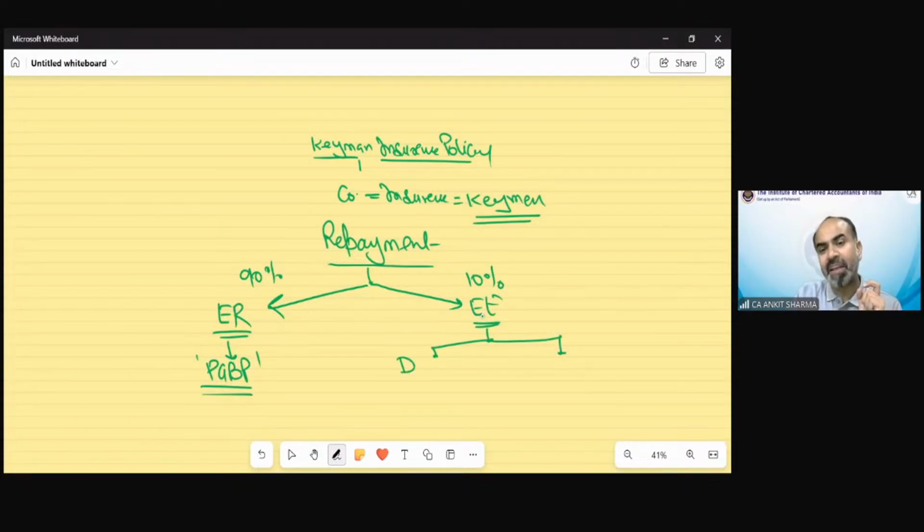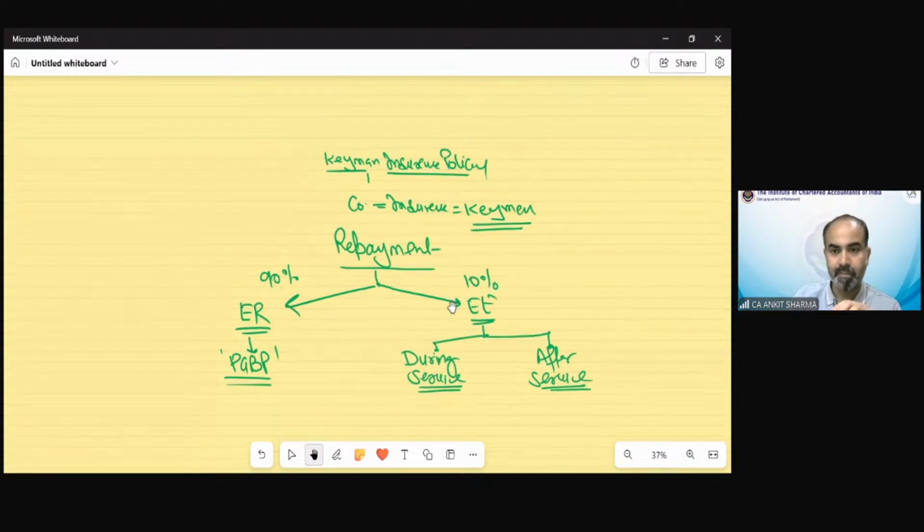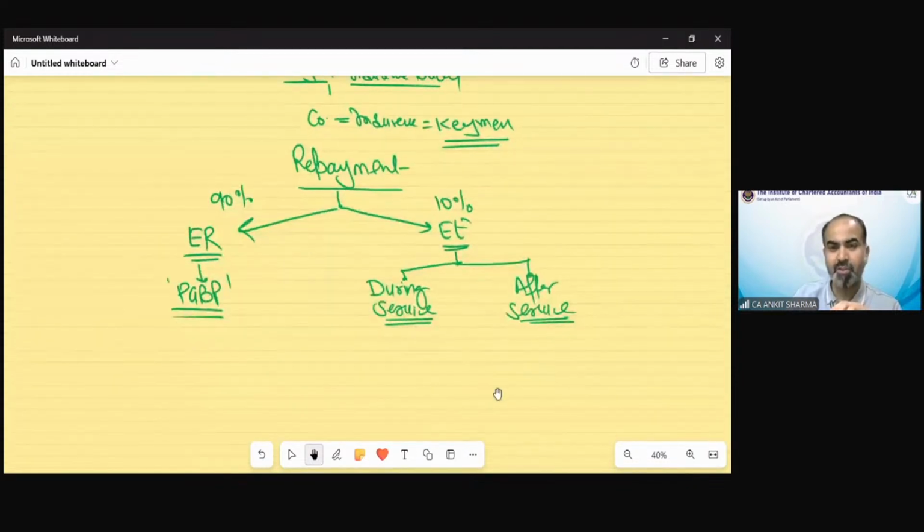Either it would be received during service, or it is going to be received after service. If the keyman insurance policy amount has been received by the employee during service, that is going to be taxed under the head salary.